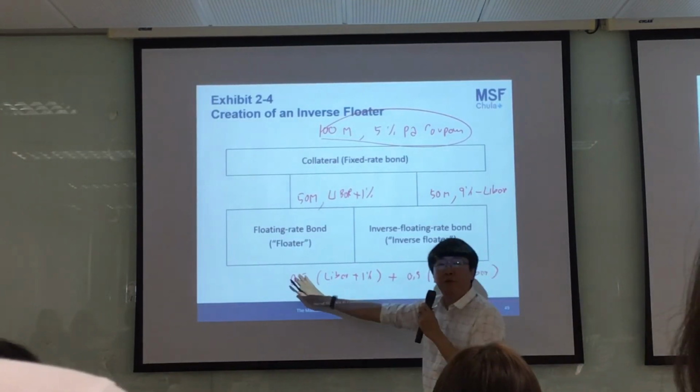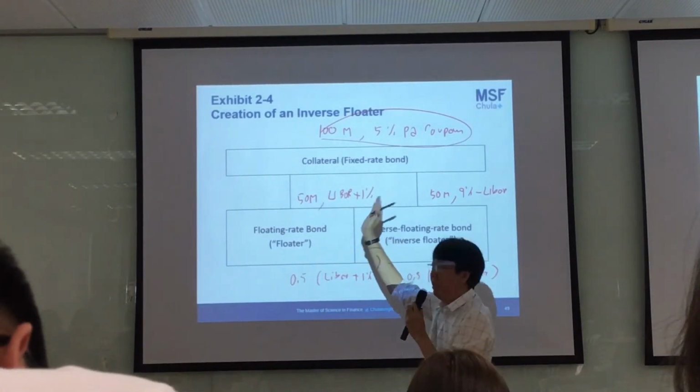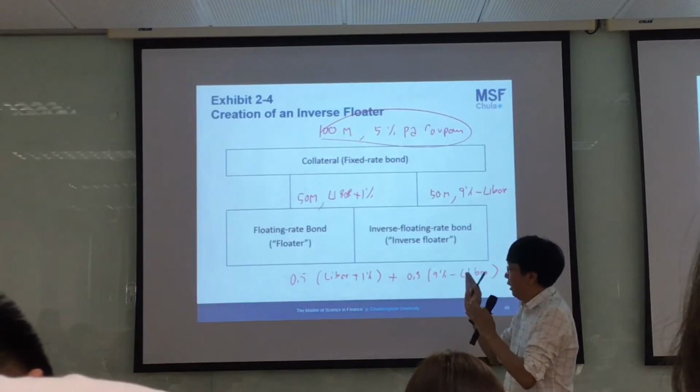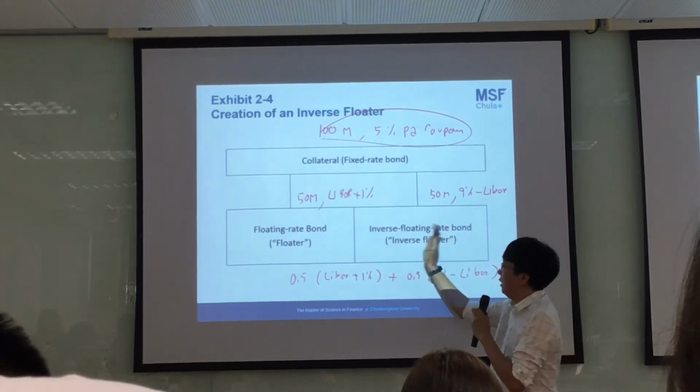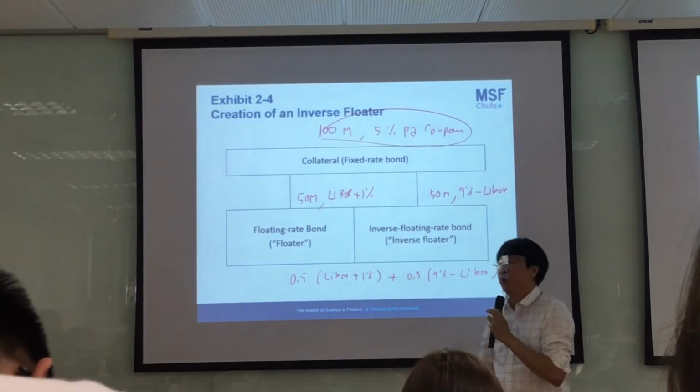This 0.5 comes from 50 million out of 100 million, right? It is the average cost that you have to pay the investors who buy the floater and the inverse floater.